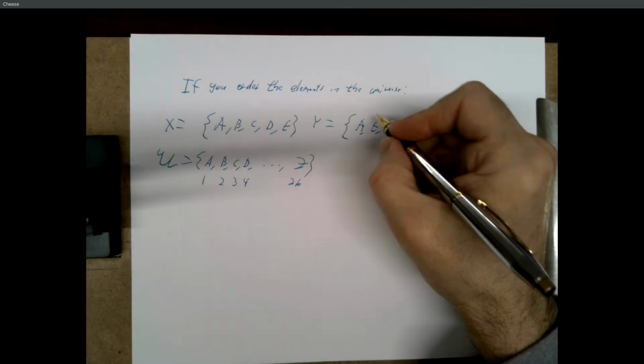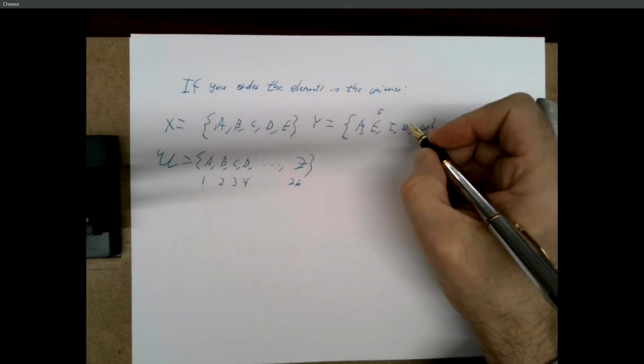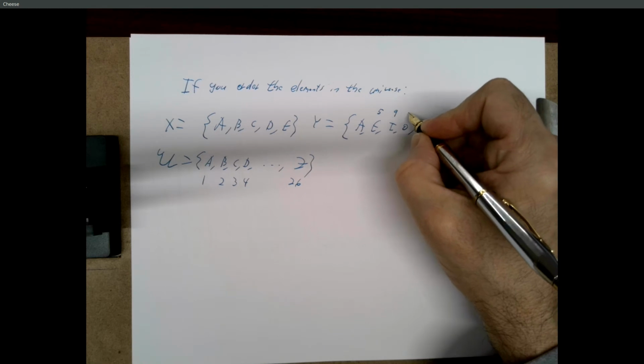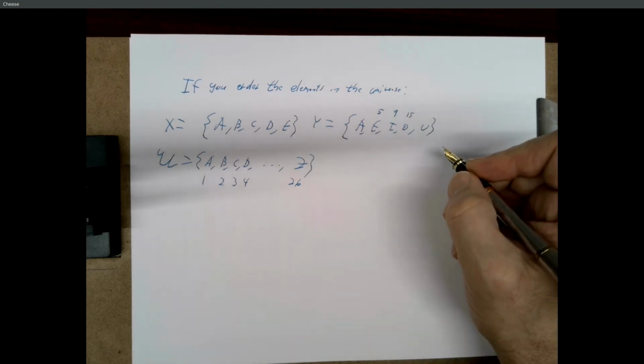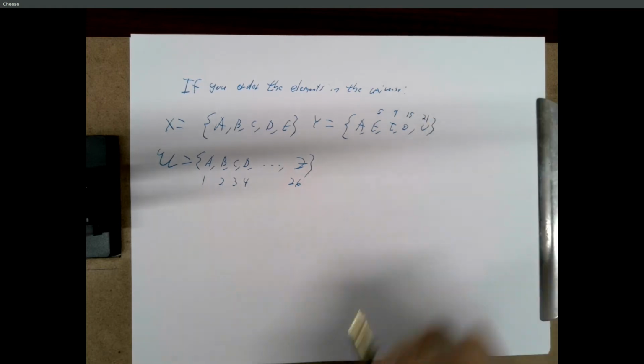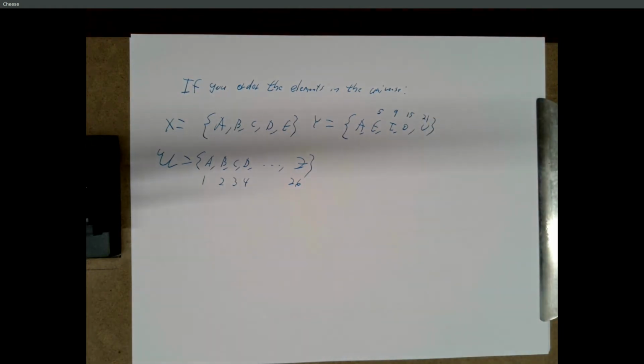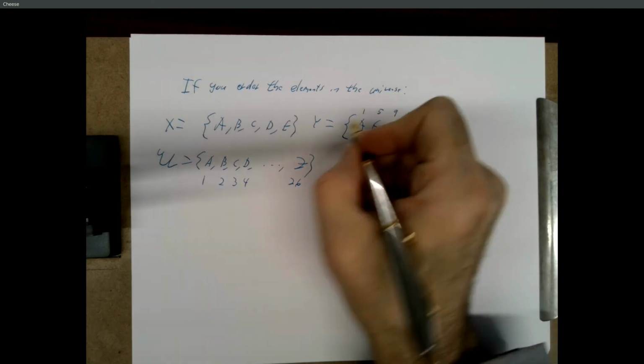So I'll put some cheats up here. E is 5, I is 9, O is 15, and U I think is 21. And A is 1.